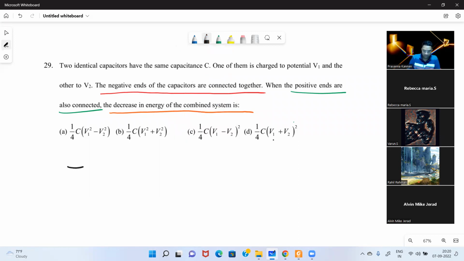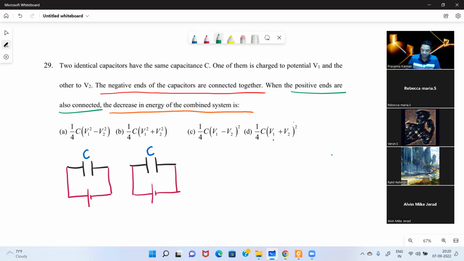So we have two identical capacitors. When I say identical, that means the dimensions and everything are similar, so the capacitance will be the same for both of them, right? Earlier, these would have been connected to some batteries.